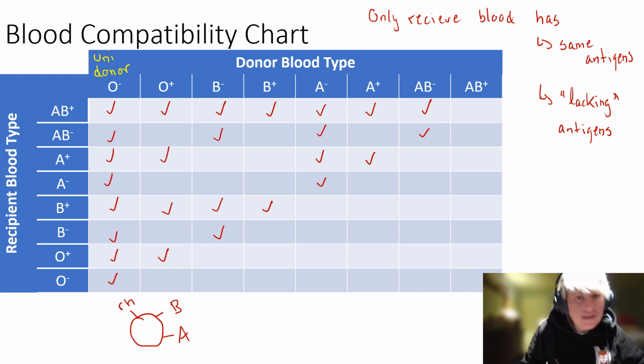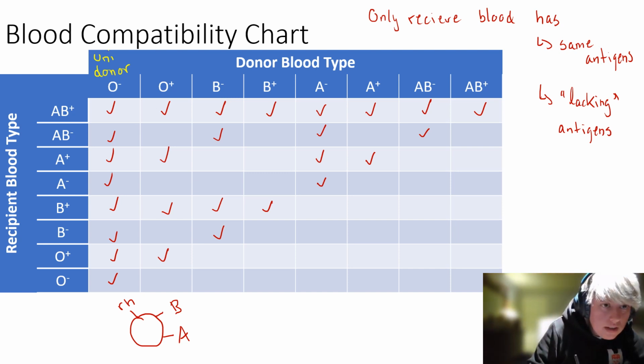So AB positive, as a donor, can only give to itself, which would be AB positive. But if we look at it from the recipient side, we see that AB positive gets all of the other blood types, because it has the same antigens. So AB positive is considered our universal recipient.